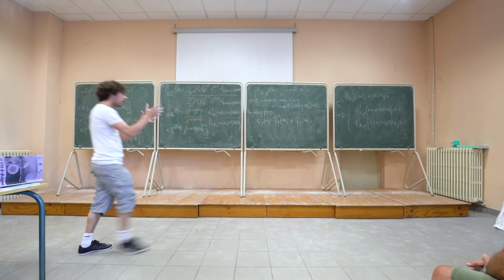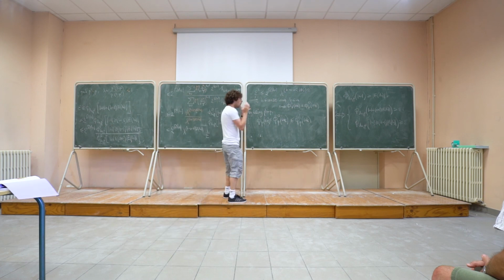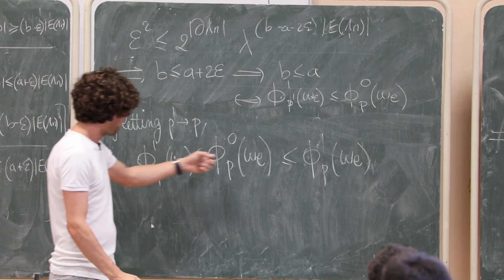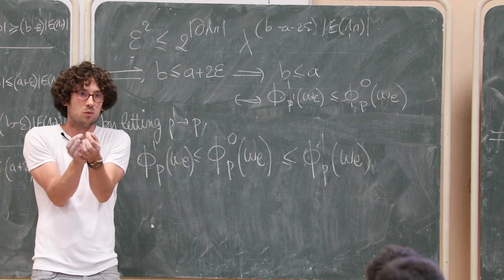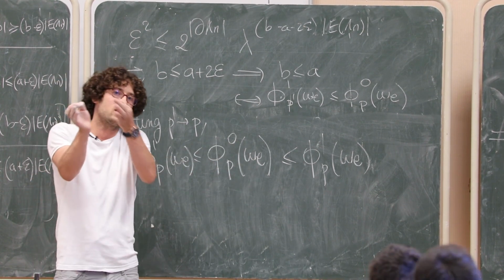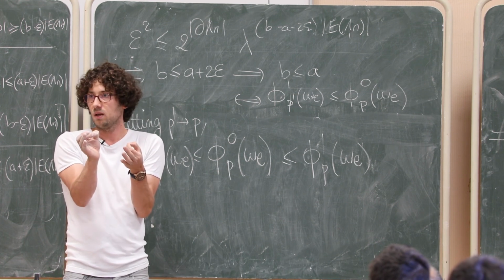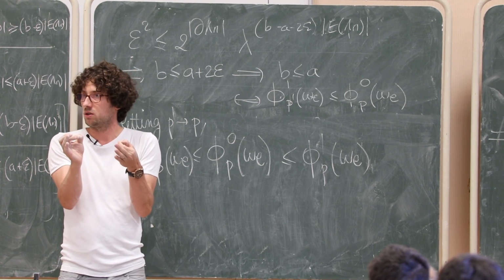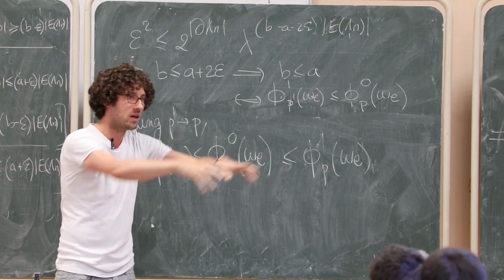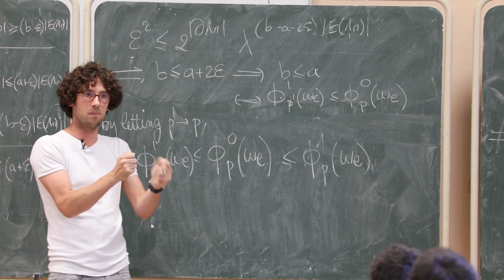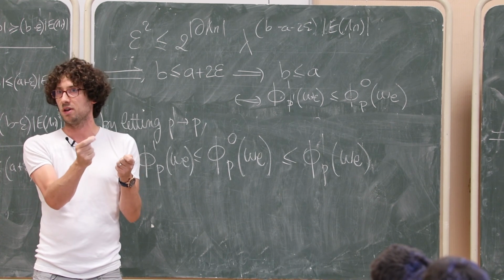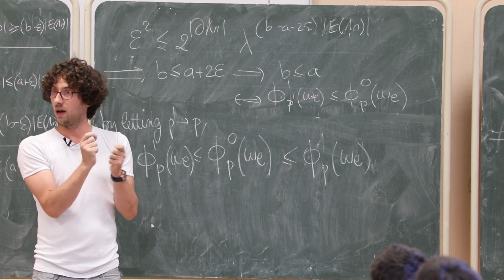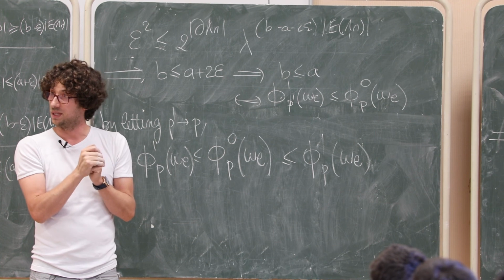But let me summarize the argument. The only thing you need to prove, that phi 1 p of omega e is equal to phi 0 p of omega e, is that if you take a p prime smaller than p, even for the big measure, so even if you help your measure as much as possible, the probability of being open is smaller or equal to the probability of being open for the larger parameter p.